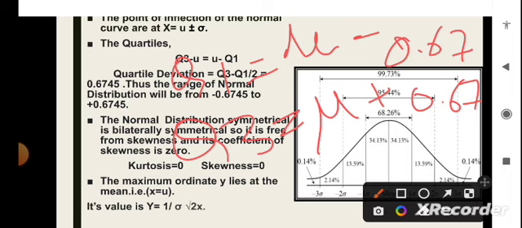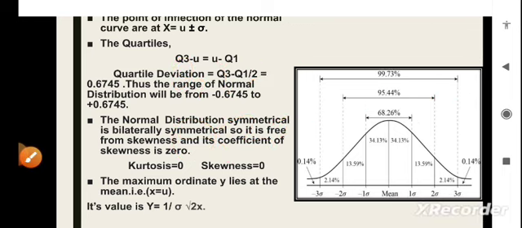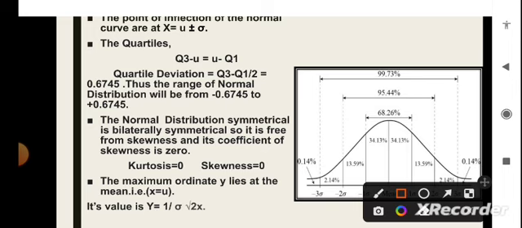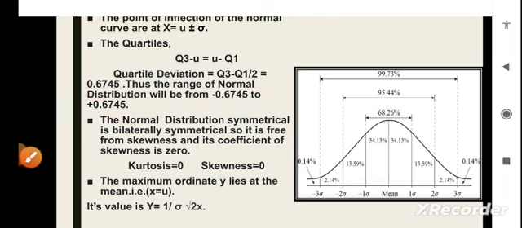So, we get the range of normal distribution which is from minus 0.67 to plus 0.67.